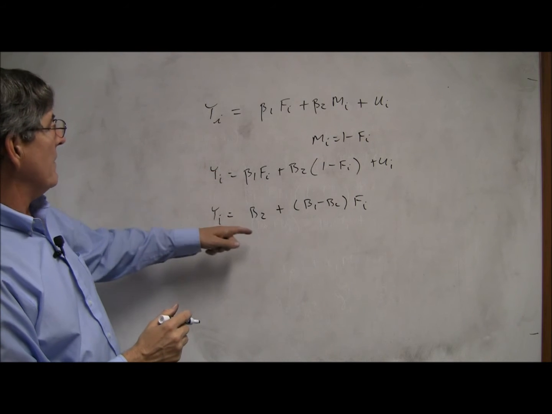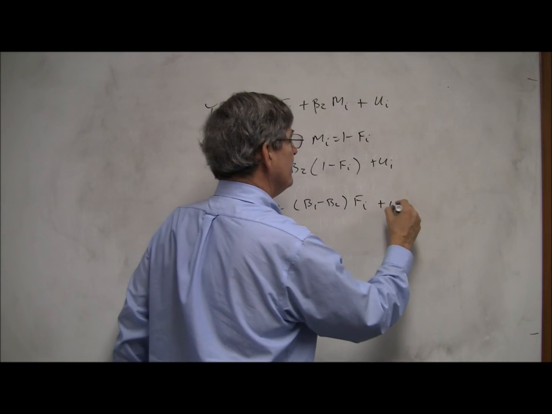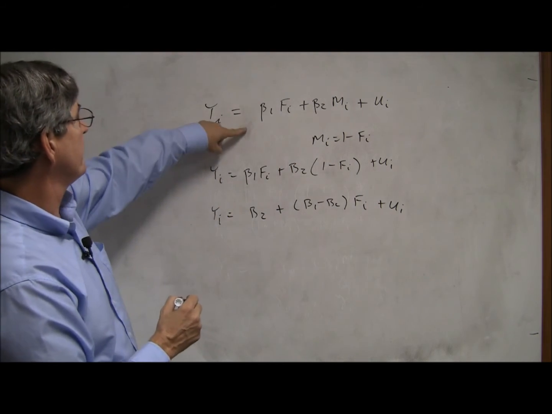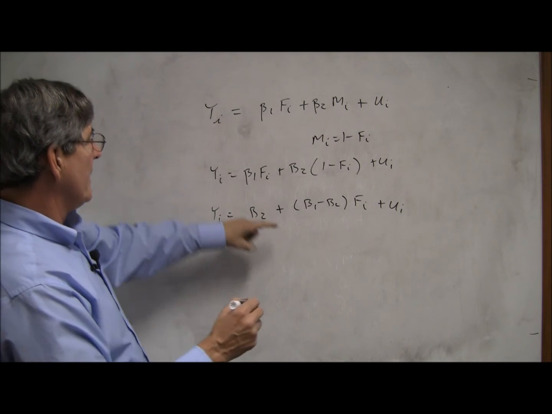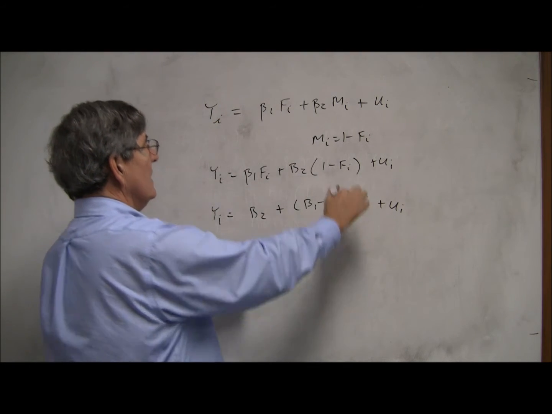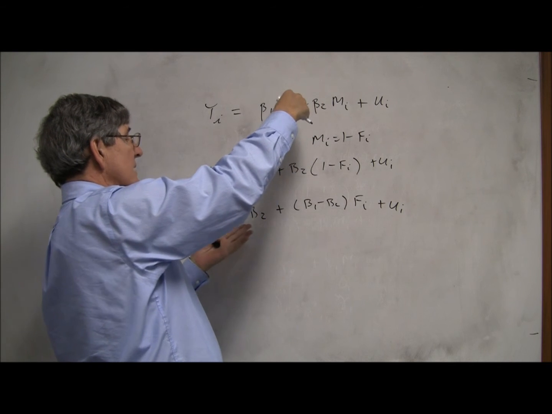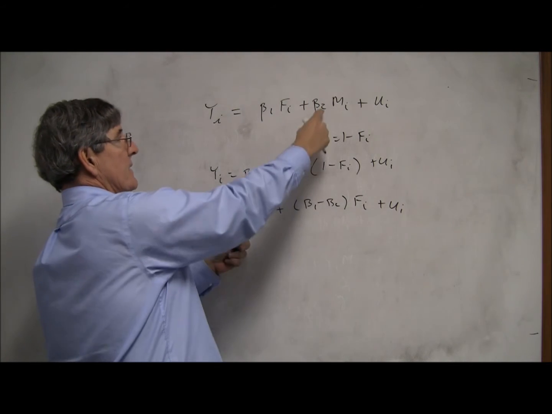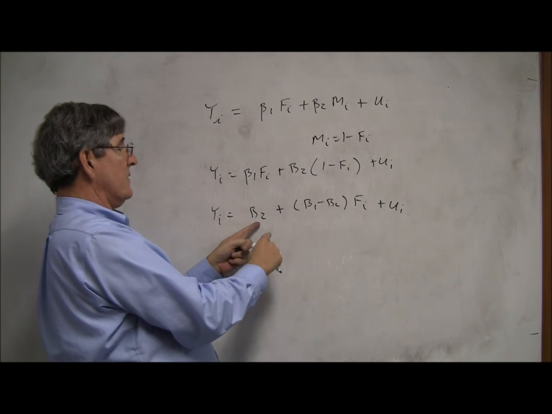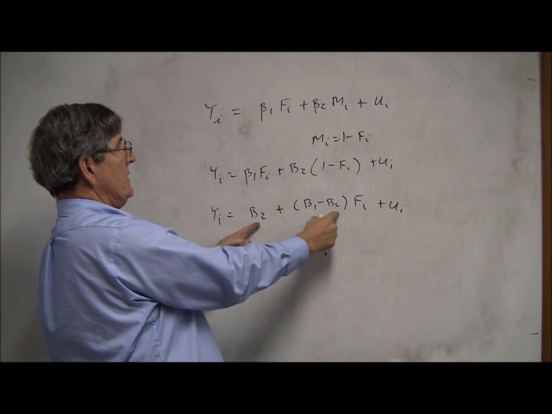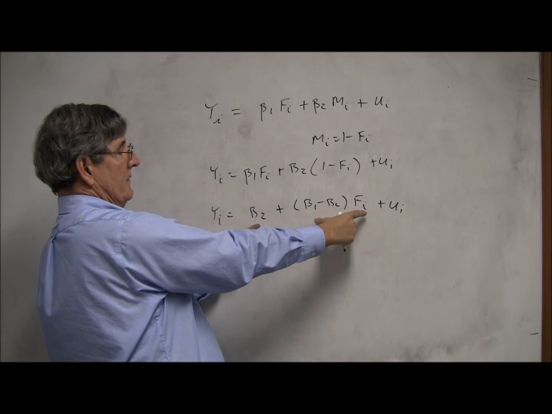So if I were to run the first regression, these are the coefficients that I'd get. The beta 2 is the effect for males, like it was in the very first model. And then the difference between them is just the female effect.